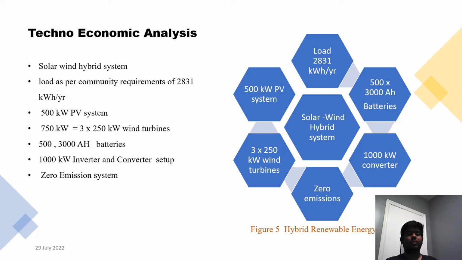We are using two renewable energy sources: a solar source rated at 500 kilowatts and three individual 250 kilowatt wind turbines. To have the required residual storage capacity, 500 batteries of 3000 ampere hours are used, and the energy from each individual source is converted using a 1000 kilowatt multifunction converter unit.